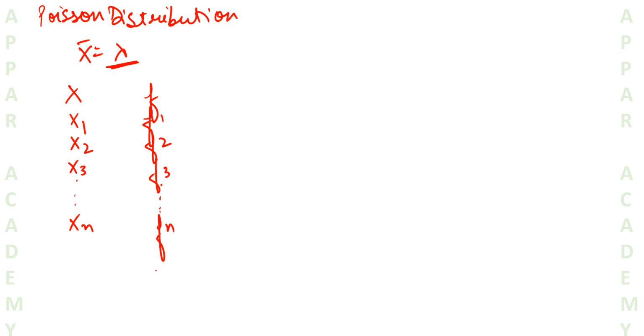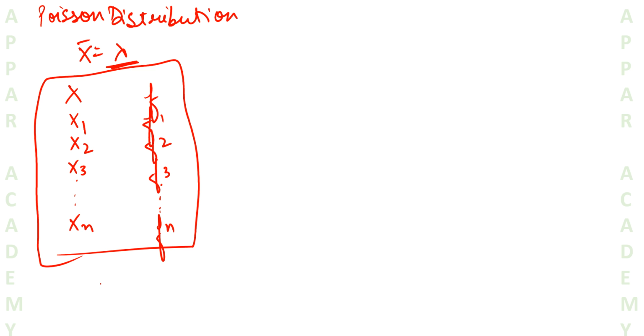Now let's suppose we are given this frequency distribution, and we are asked to fit it into a Poisson distribution. So what we'll simply do is find the mean for this distribution, and we can equate it with this mean. Obviously, whether it's a frequency distribution or a Poisson distribution, the mean will be equal for both.